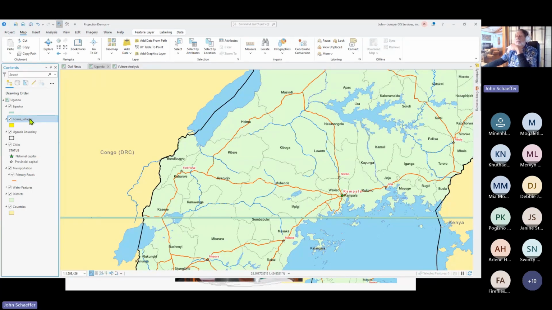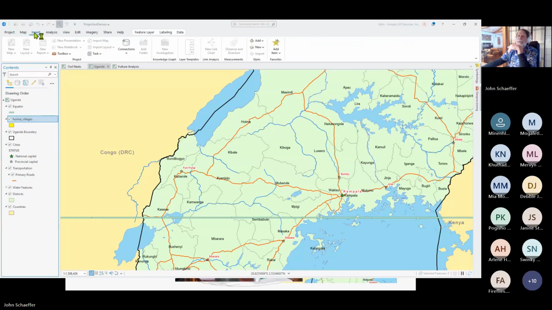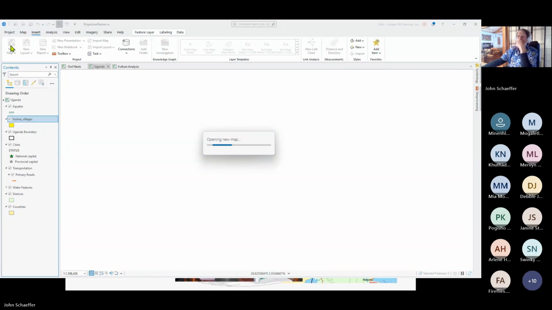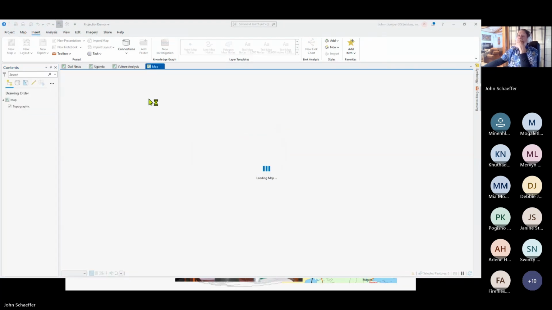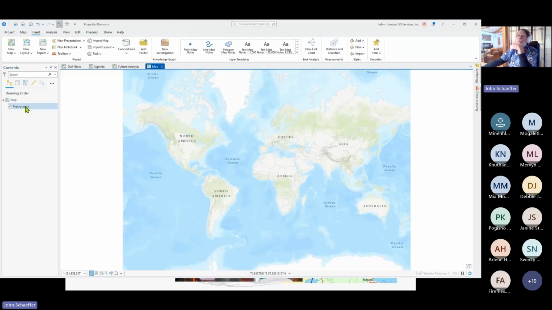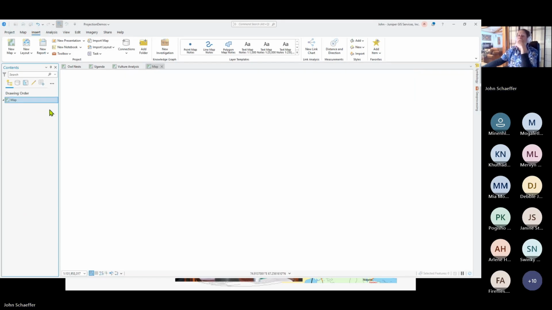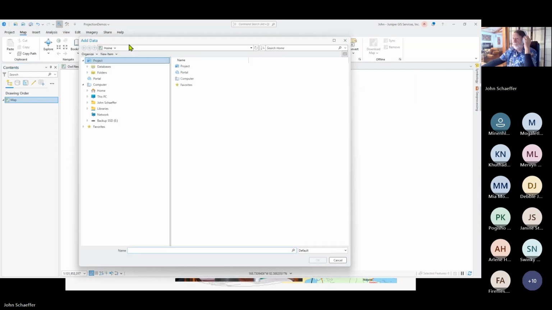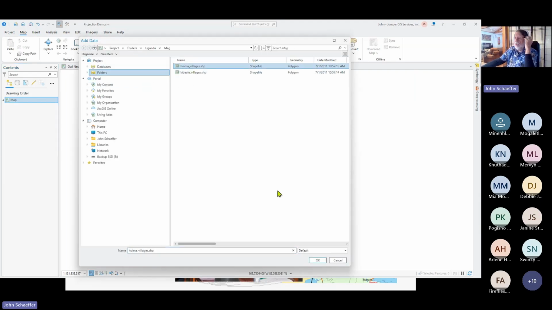If you bring it into an empty map, let's just show that real quick. Insert, new map. I'm going to remove the base layer. Go back to map, add data, Hoima Villages.